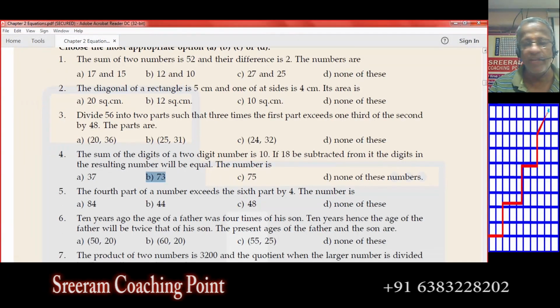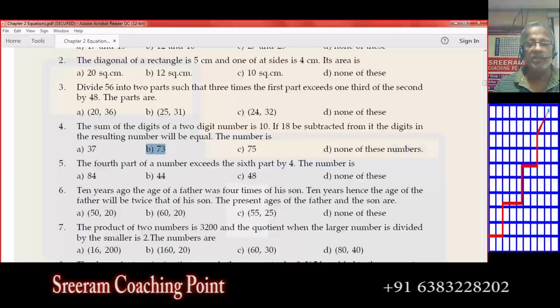Item number 5. The fourth part of a number exceeds the sixth part by 4. The number is 84, 44, 48, or none of the above.